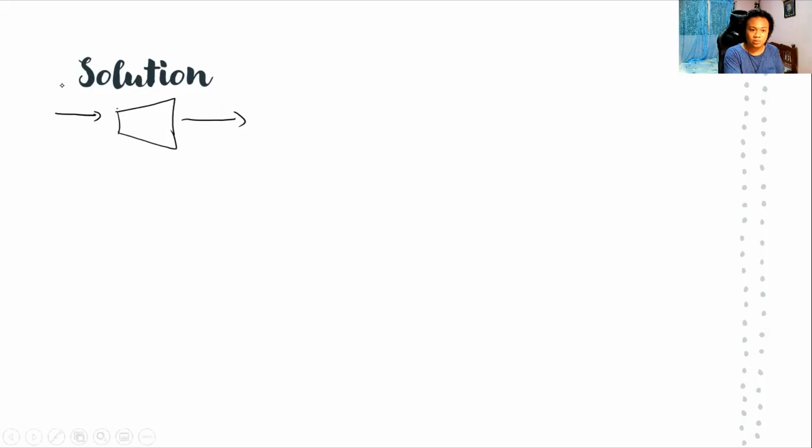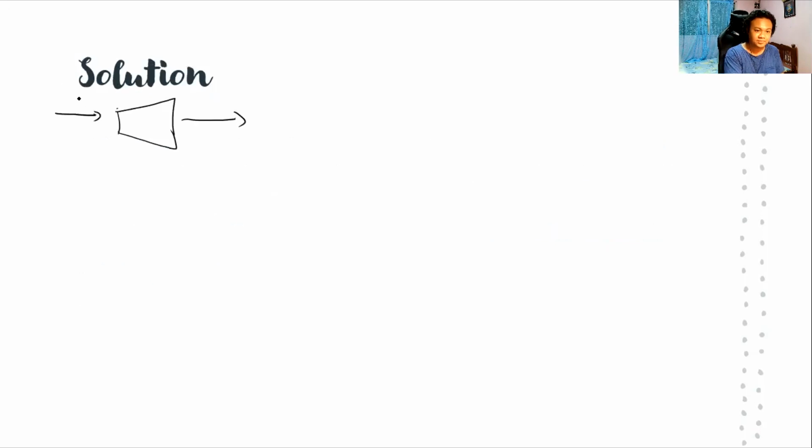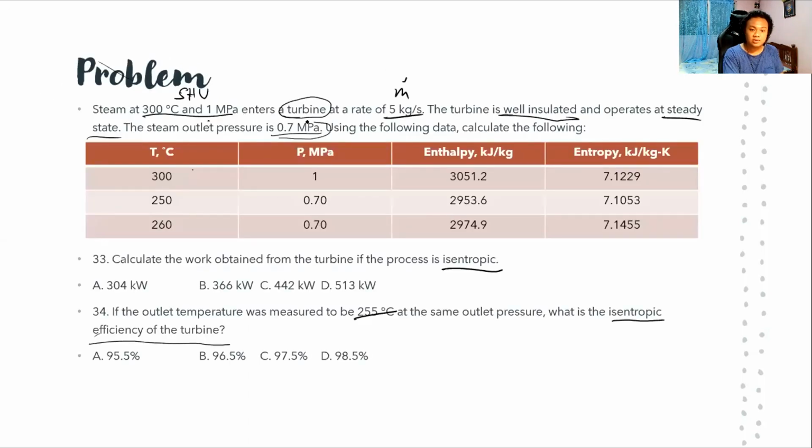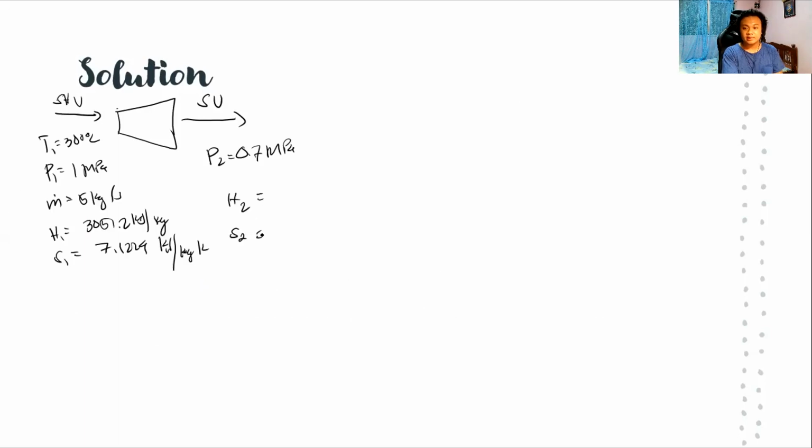So the first state is at the inlet, and then at the second state, as you can see, there is only one given, the pressure. So that means this is at saturated vapor, saturated liquid. Let's put all the given here.